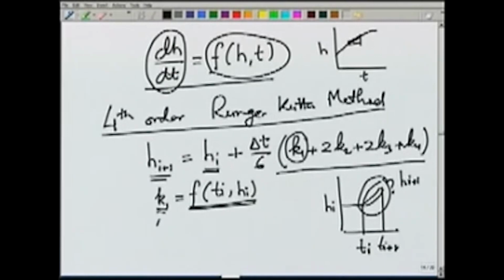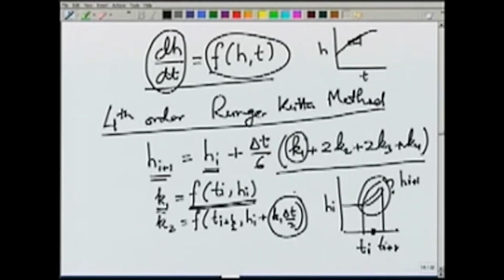Using this slope, we can go to a point which is midway between ti and ti plus 1. Let us call this point ti plus half, and the value of h we assume at this point will be based on hi, and then the slope which we have obtained, this is based on the known value.